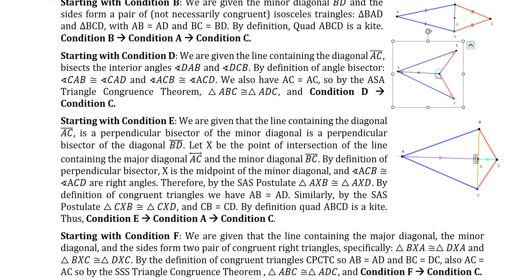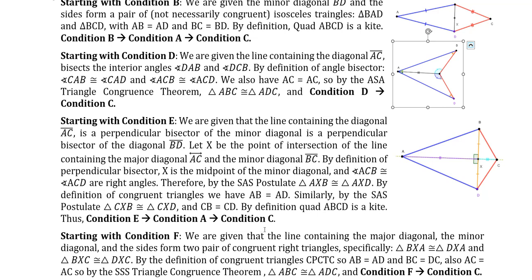We know that these are both right angles here, BXA and DXA. Well, AX is congruent to itself. That makes this triangle and this triangle up here congruent by the side angle side postulate. And similarly, we get triangle BXC is congruent to triangle DXC, again by side angle side.